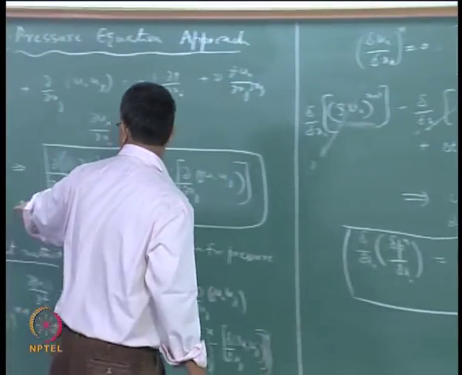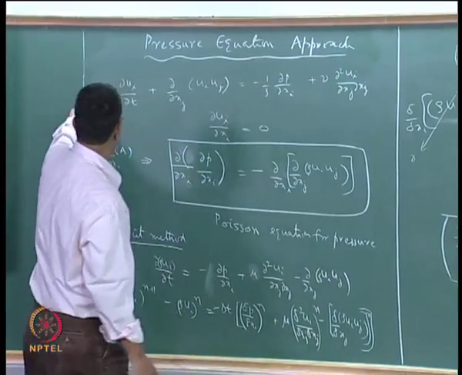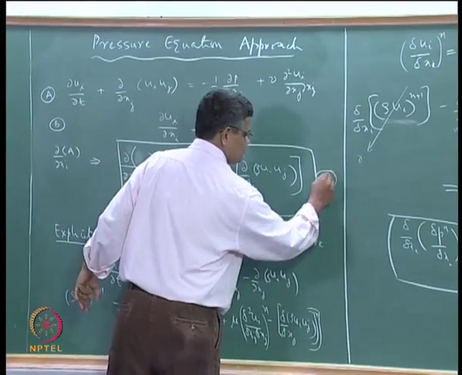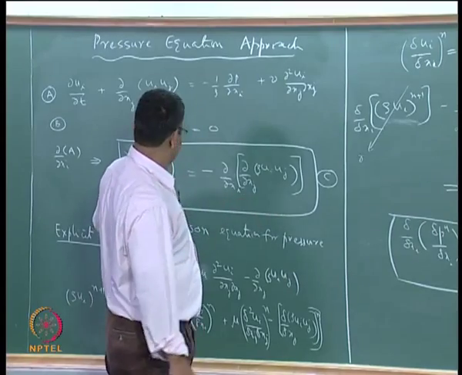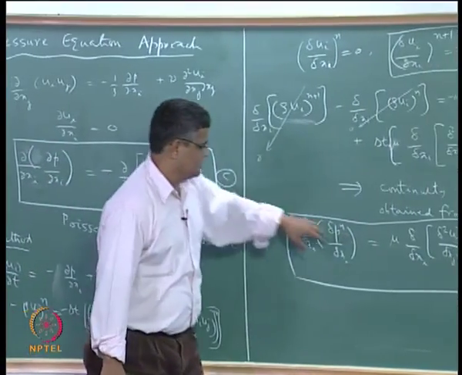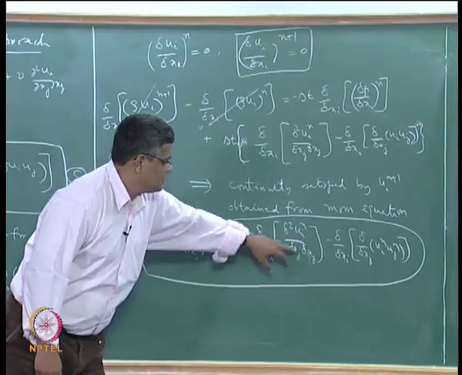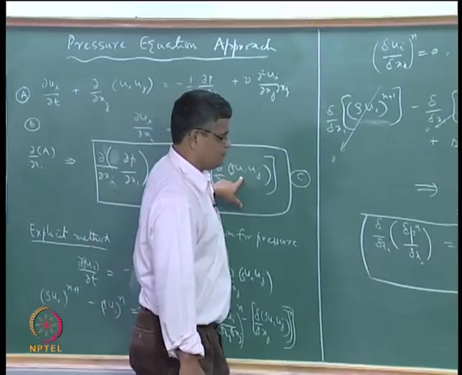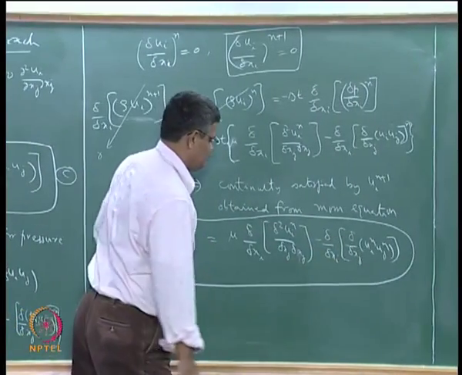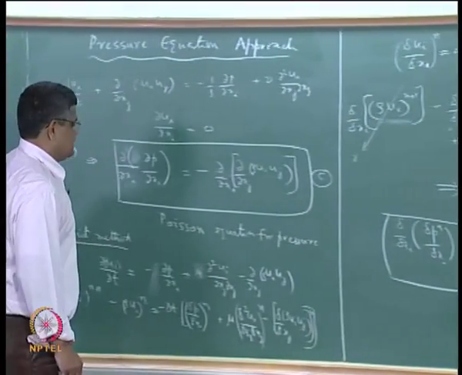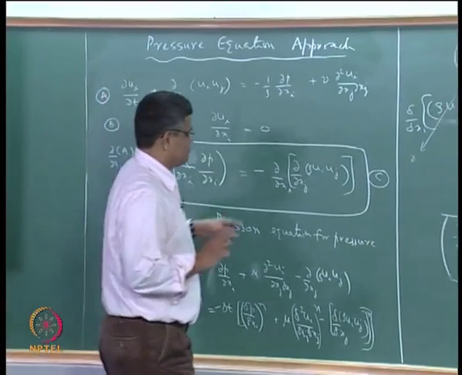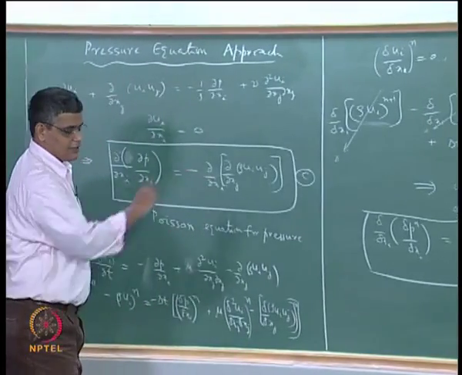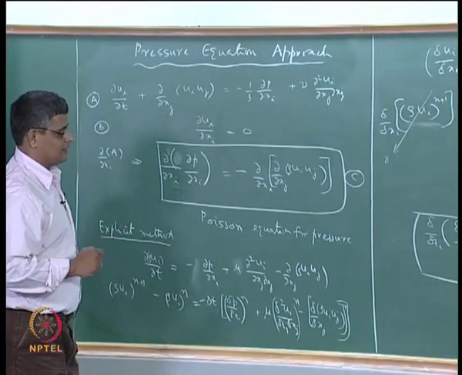If we call this equation A, then we have equation B and equation C, and we can see that this equation and this equation are similar. This term will go to 0, and then we will have only that one. So this is dou by dou xi dou by dou xj of rho ui uj, and that is exactly what we have here. In a discretized form there may be some leftover term, so this term is expected to be very small, but we are enforcing that, so it won't create any problem.